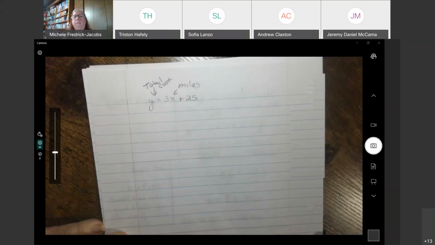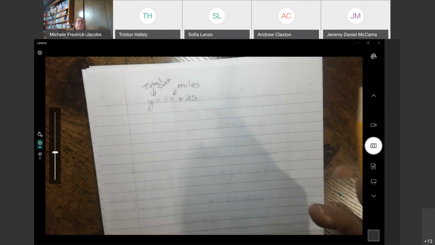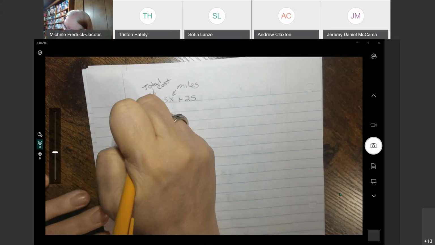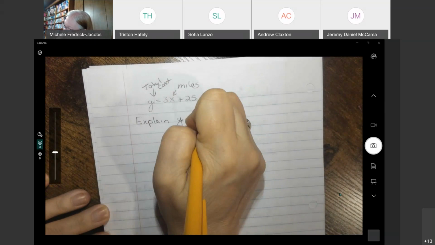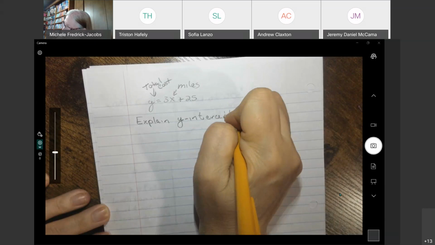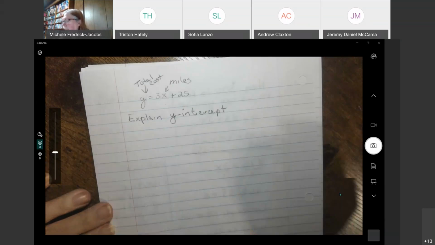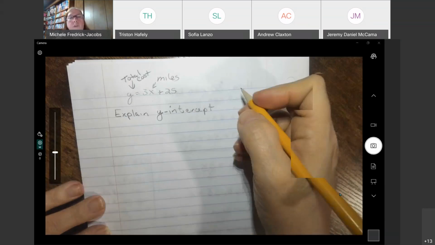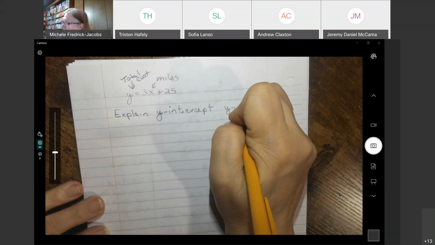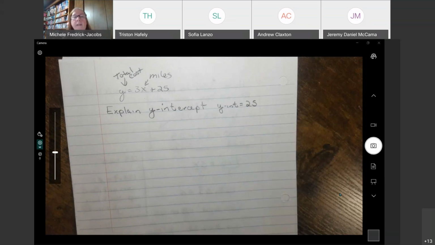Okay. So from the same problem, X was the number of miles when we rented the car, and Y is total cost. There will be problems where you need to explain the y-intercept and the slope. The y-intercept is 25. It is also the value when X is 0.